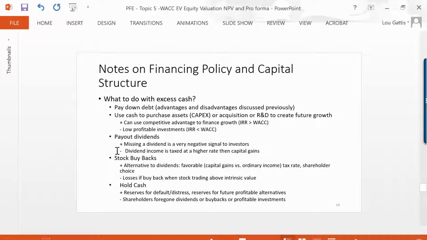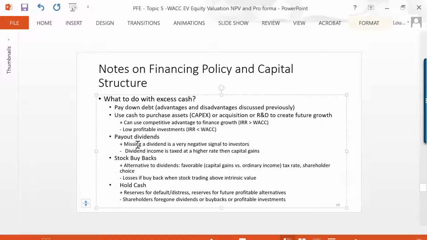If you pay out a dividend, it's good for the shareholder. They get cash right away. And if you miss a dividend, that's a bad signal to investors. So you never want to miss a dividend. So that's good to pay it out. But a disadvantage of paying out cash as a dividend is dividend income is taxed at a higher rate than capital gains for most investors.